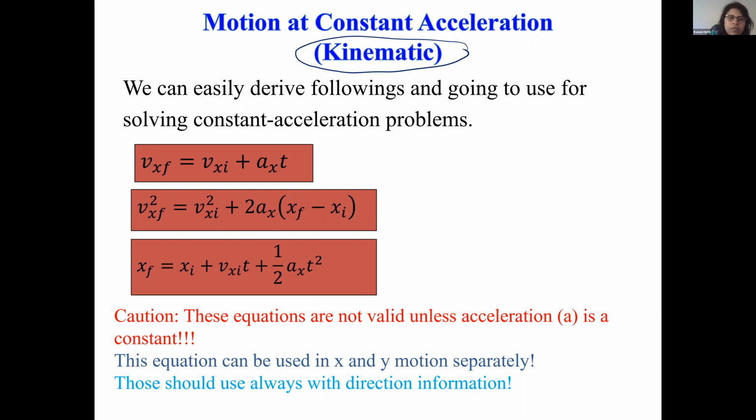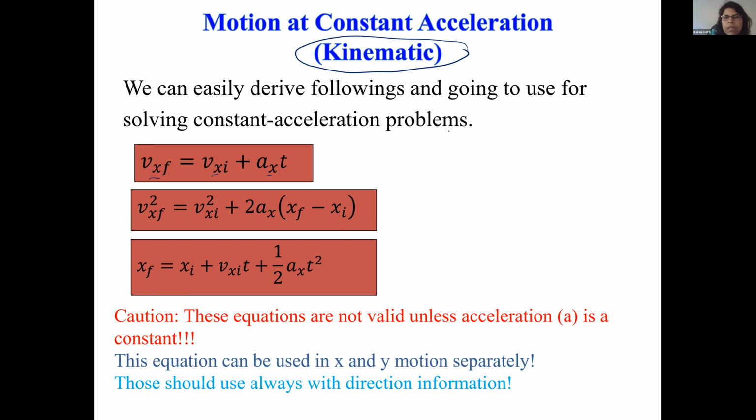Usually I write these equations for the x direction. If it is in the y direction, all the x symbols convert into y symbols. Other than that, you use them the same way in x or y direction. That's the idea. These can be easily derived, but we're going to understand how to use them.